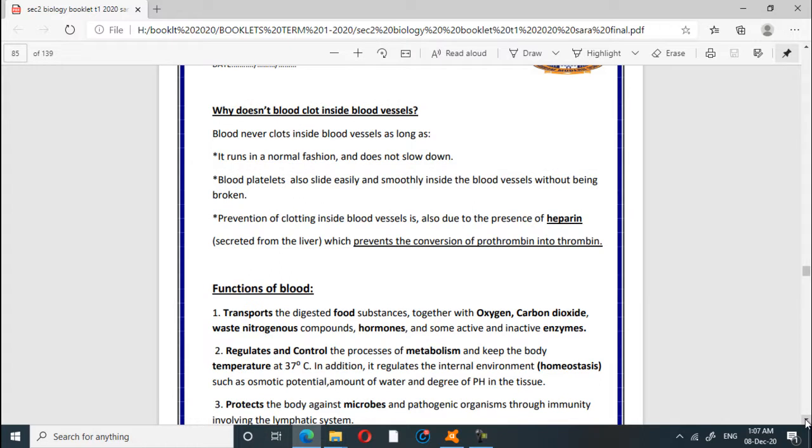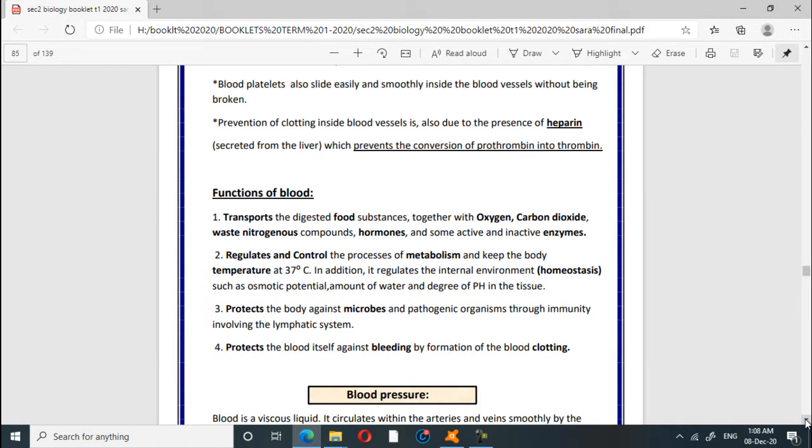Also inside the blood vessels, the blood runs smoothly and very easily. So what is the function of the blood? It transports the digested food, oxygen, carbon dioxide, or gases and wastes, hormones, and enzymes throughout the body.